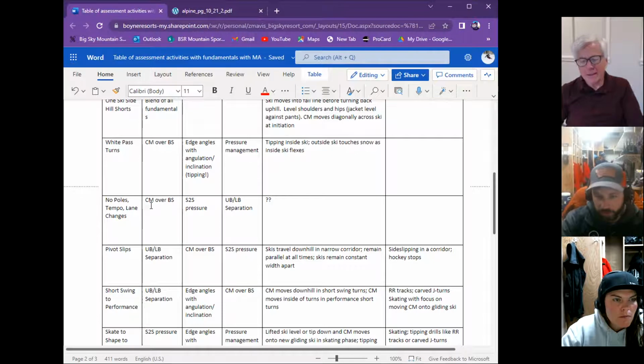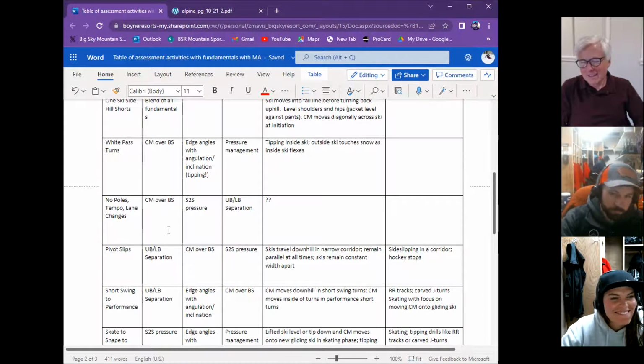I know some people in lane change might make an argument for highlighting maybe center of mass to base of support, because directional movement could be so important to be successful in that one. But I see that as a truly blended task instead of a highlighted task. Does that make sense, Chris?